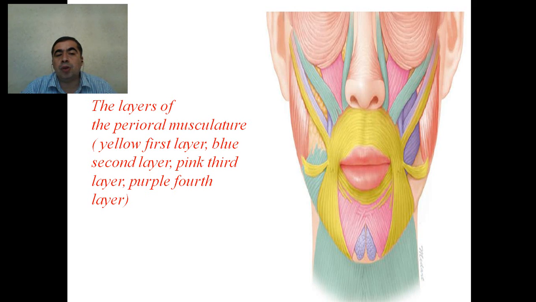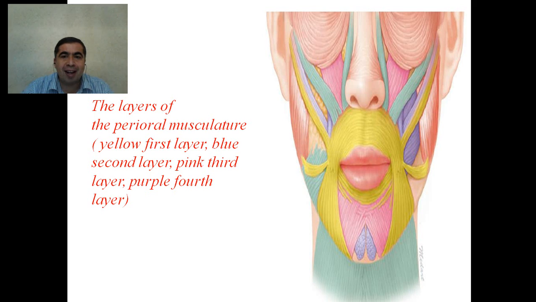Again, in this picture you are looking at the layers of the perioral musculature, even the mimic muscles of the facial expression. They have a very important organization. The yellow first layer muscles, for example, orbicularis oris. The blue is the second layer, and the pink is the third layer, purple the fourth layer.